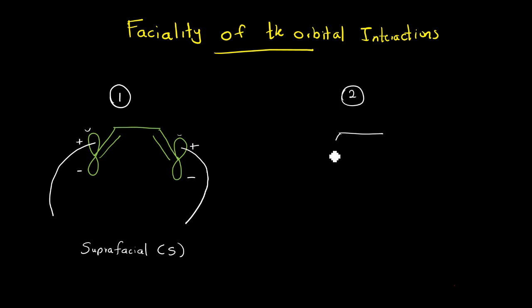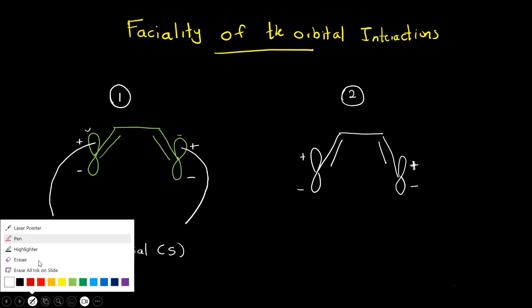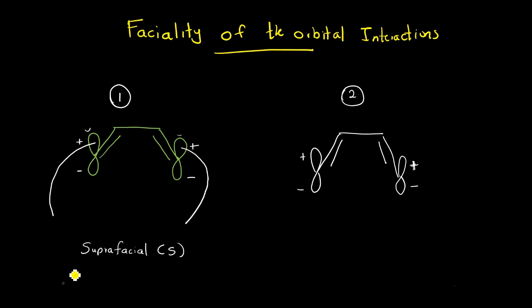Now here you have the two orbitals. Now I will put the positive and negative signs. These are not charges, you get the idea. I will take yellow color. So let's say our two interactions happen like this: one from the positive side and the other from the negative side.